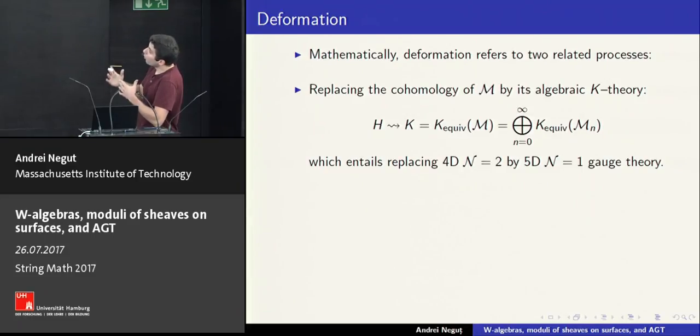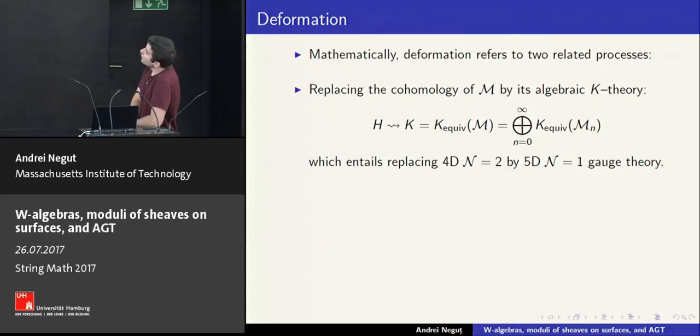So all of the representations, all of the Hilbert spaces that we will encounter in this particular talk will be graded by instanton number, and all of the operators that we will see in this talk will respect this grading. But I will sweep this under the rug for conciseness. So we should always think of a K-theory as being a graded object. This grading has nothing to do with the grading on cohomology. It's just grading by instanton number.